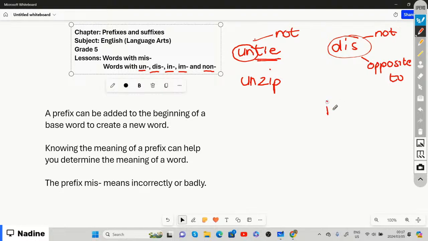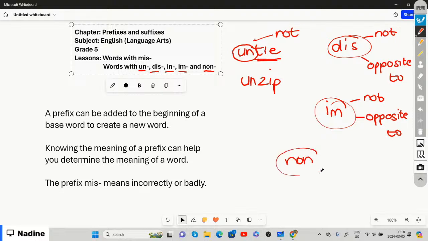Then we have the prefix "im," right? Remember we said that these prefixes have their own specific meaning. So "dis" and "im" are basically the same. So it's also not, or it is opposite to. And then we have "non," right?